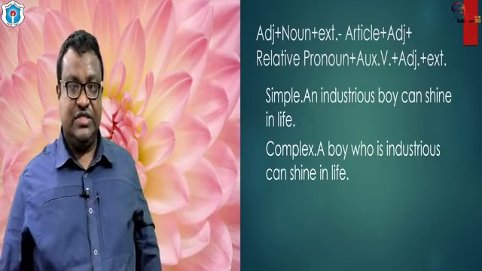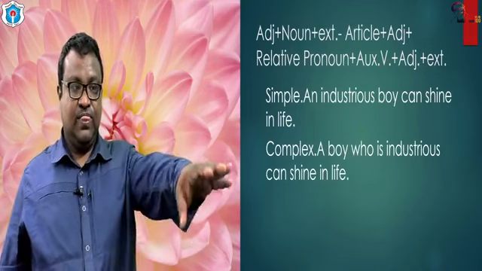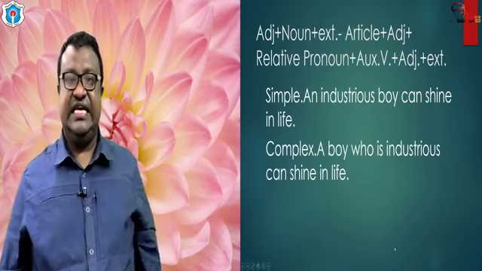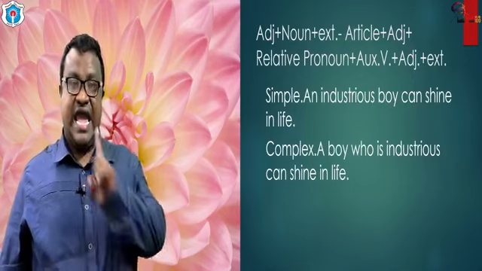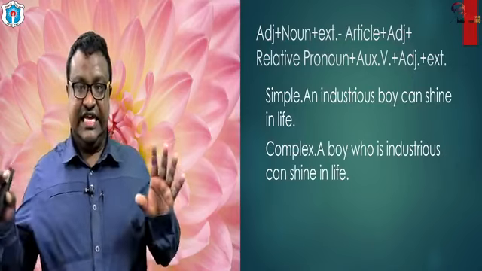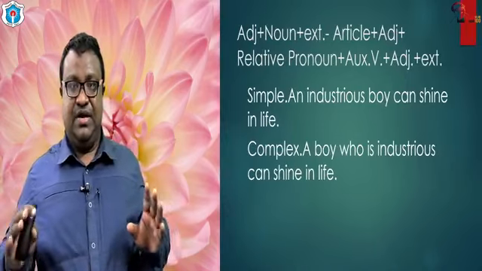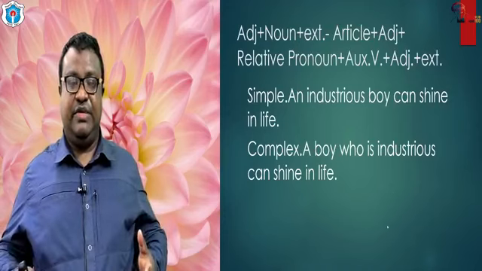That is, we are using is in the slide because the example given in the slide is actually based on a singular number, an industrious boy. So these things should be remembered when we are transforming the sentences.